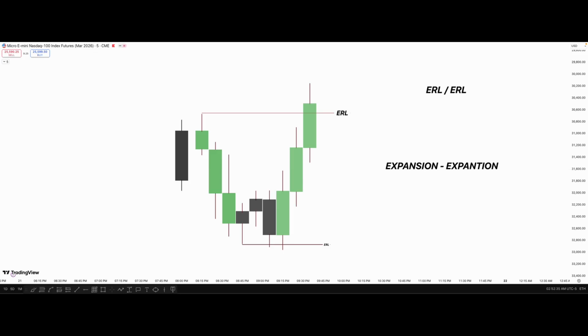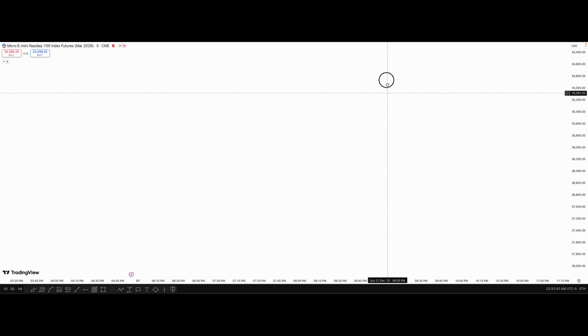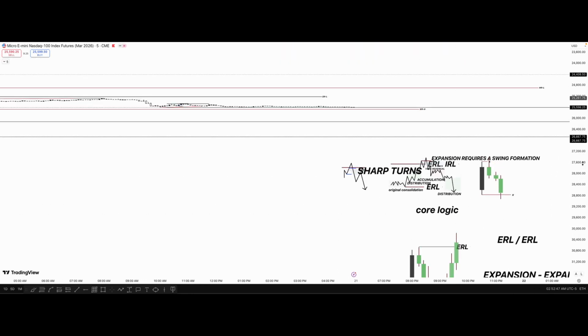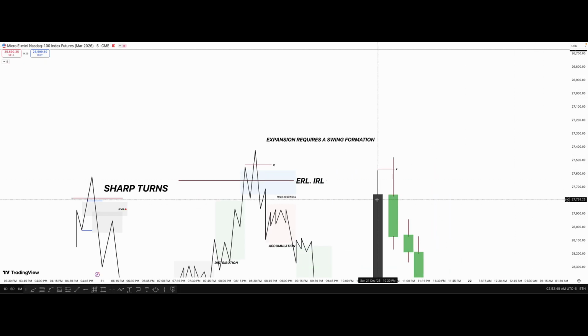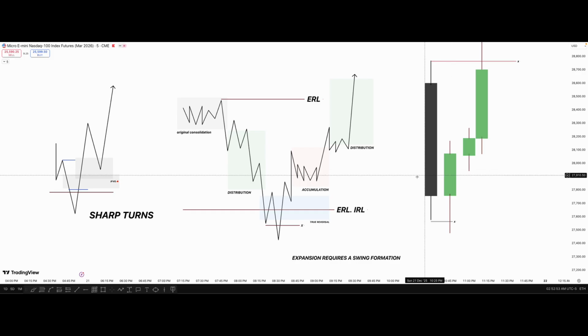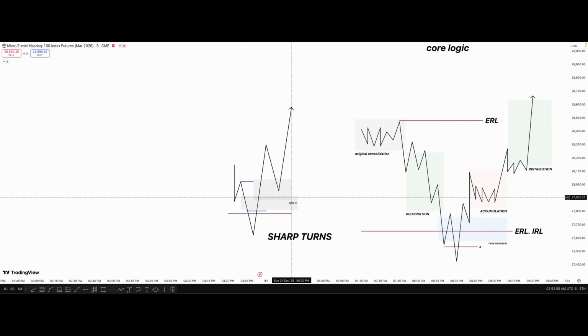So now let's understand what you actually mean by reversal signatures, like I told you here. Like I told you this. This is your sharp turn, isn't it?